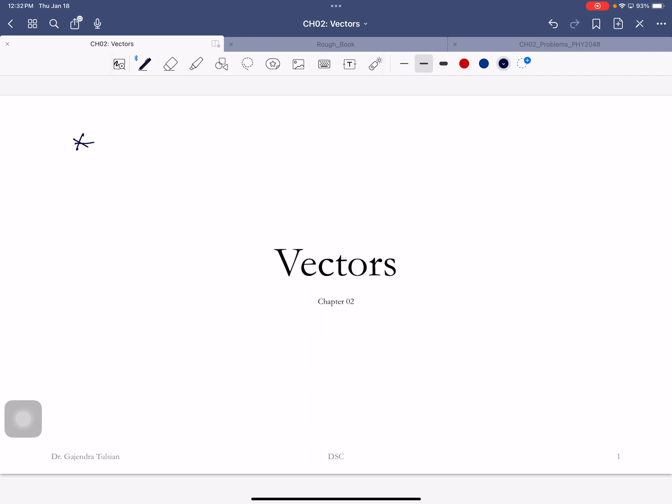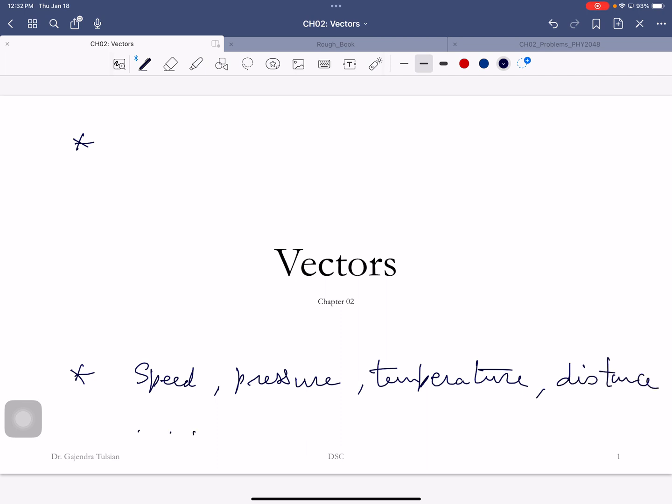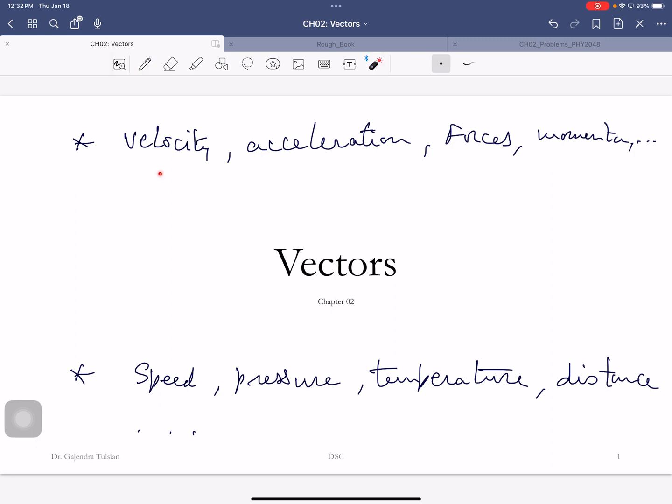In physics, we'll deal with quantities like these: velocity, acceleration, forces, momenta, linear and angular momentum, and all that.